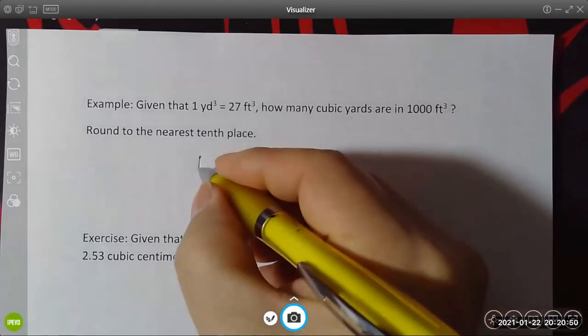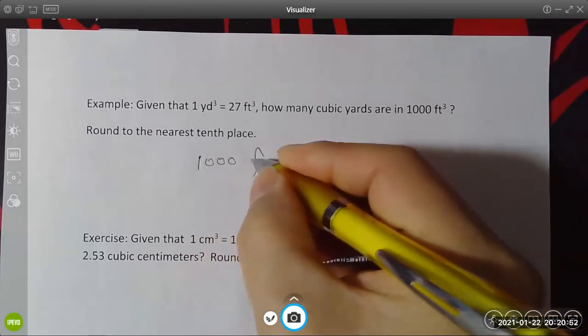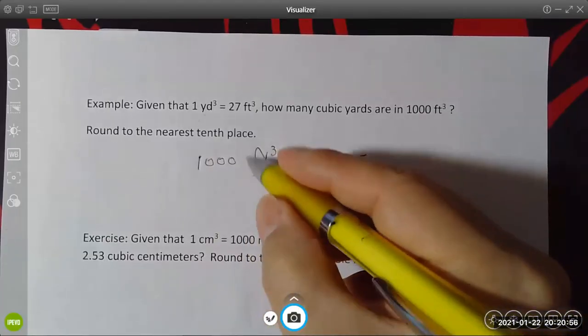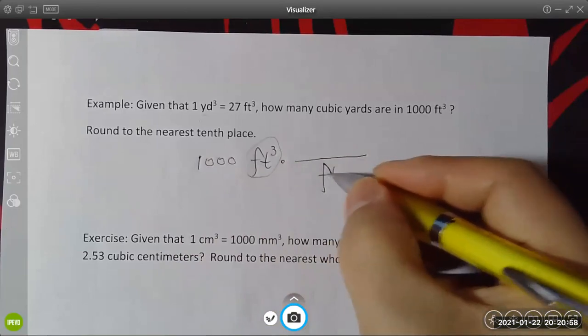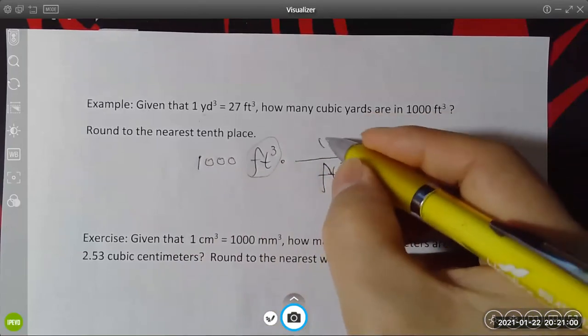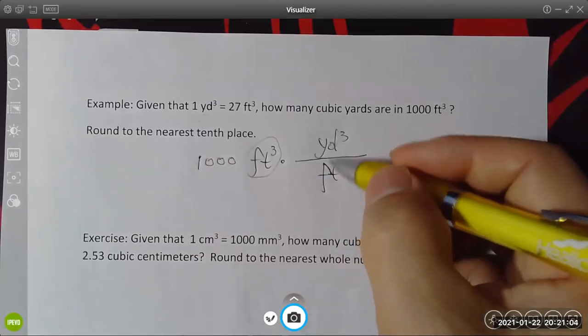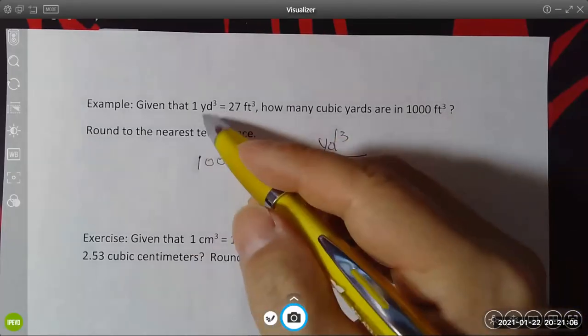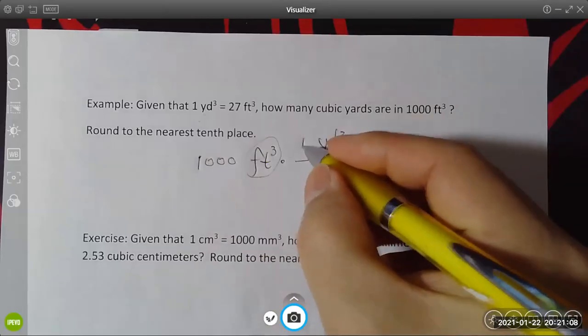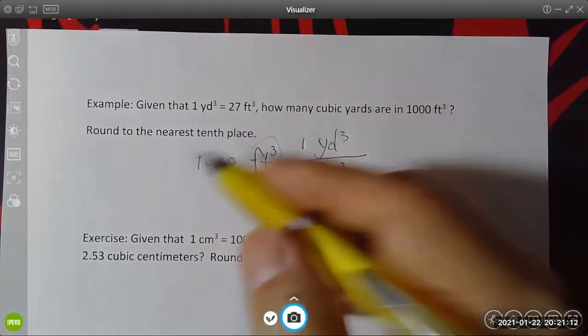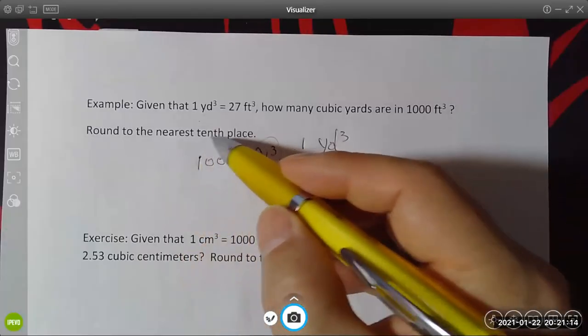We are given cubic feet and we want to convert to cubic yards. So we need to cancel cubic feet. This whole thing is 1 unit. And we need to get cubic yards. All we need is the relation between these two, which is given here. So 1 cubic yard, 27 cubic feet. After we do this calculation, we need 1 decimal digit.